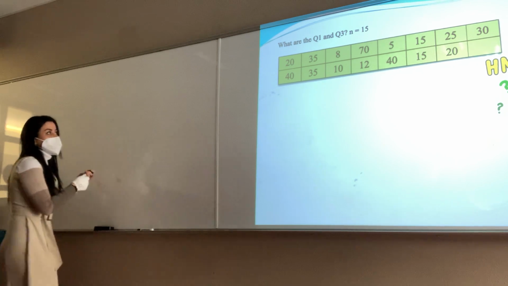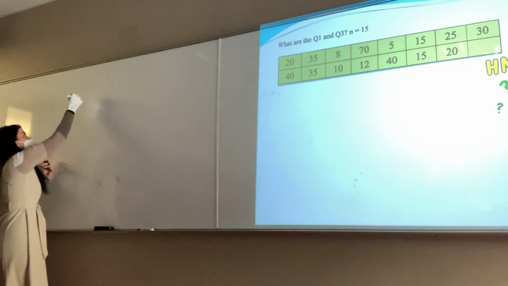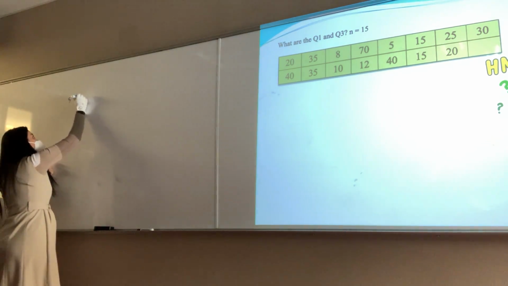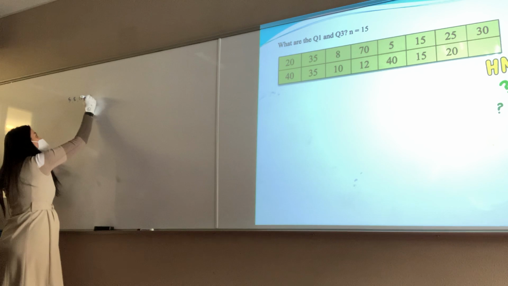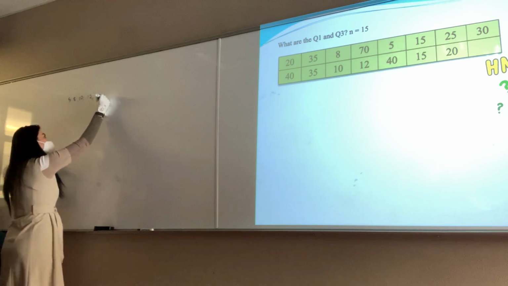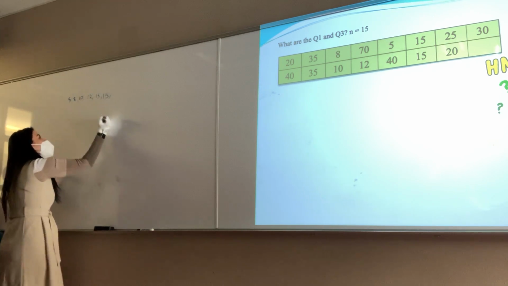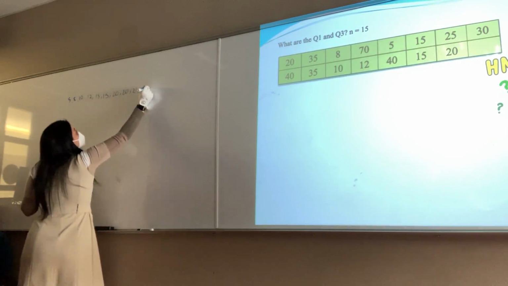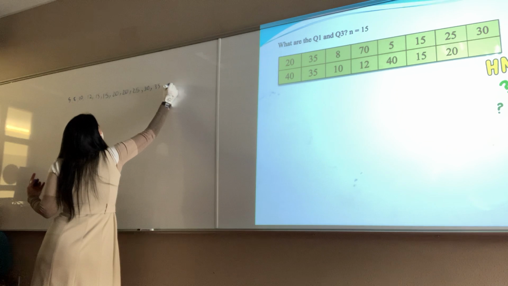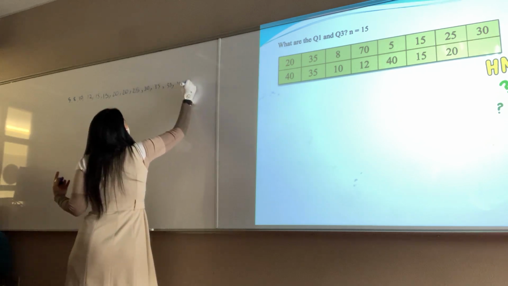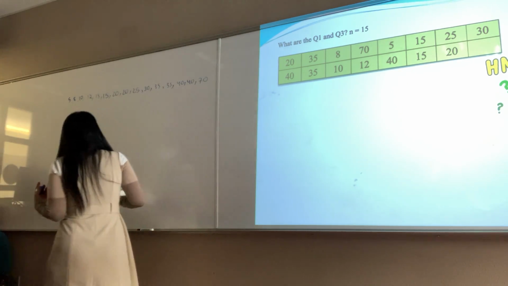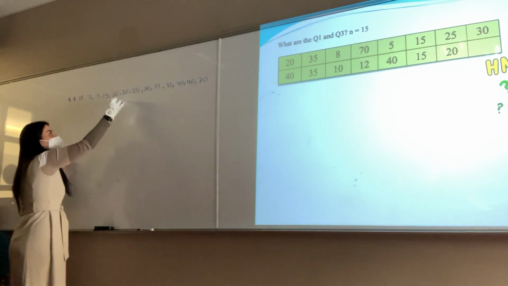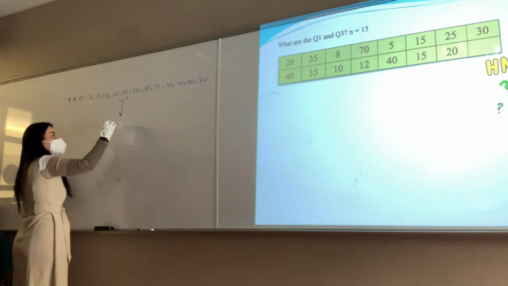Okay, just to save time, you give me all the organized data. 5, 8, 10, 12, 15, 15, 20, 15, 20, 20, 25, 30, 35, 35, 40, 40, 70. Good. Okay, so where's the midpoint? The second one? Okay, so this is the midpoint.